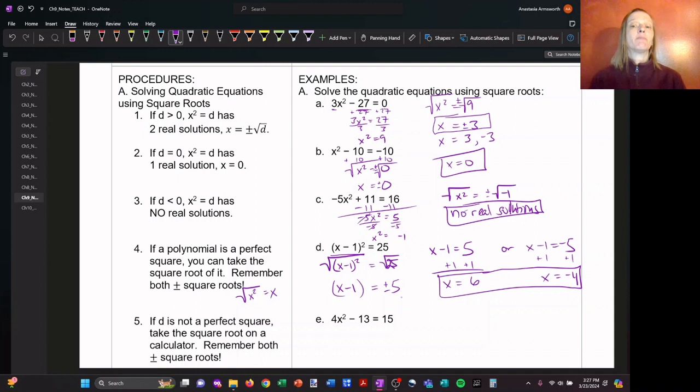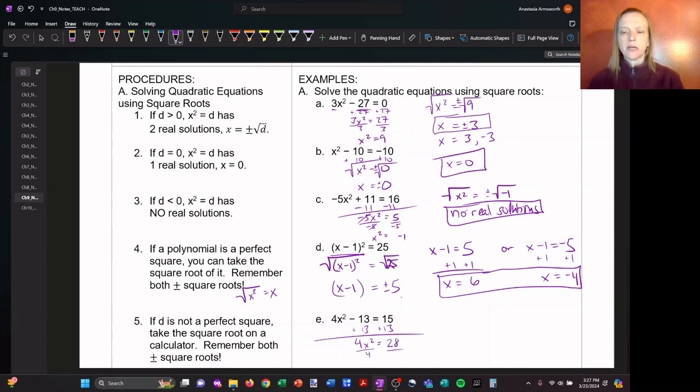If D is not a perfect square, you can use technology to calculate the square root using your calculator. Just remember, you do need to have a positive answer and a negative answer. So let me show you what I mean. If I add 13 to both sides of the equation here, I'm going to get that 4x squared equals 28.